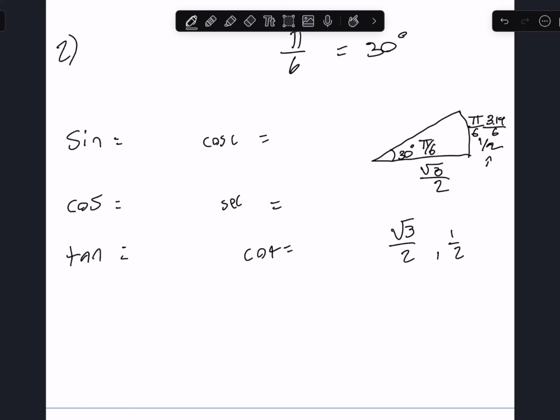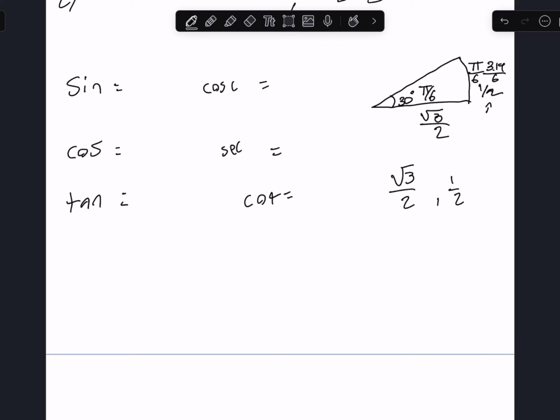So to find the hypotenuse, we have to use the hypotenuse formula, which is c equals the square root of a squared plus b squared.